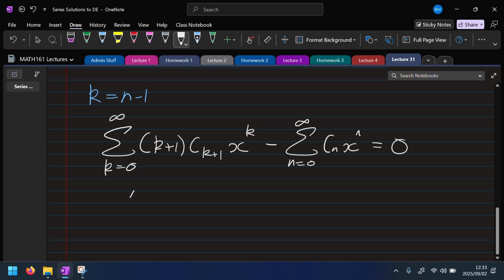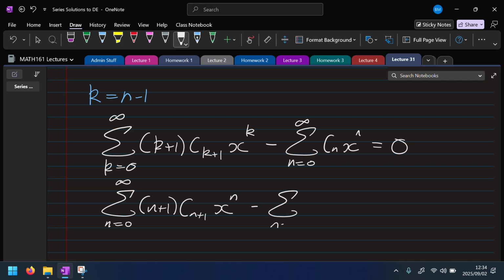So this is going to be the sum, n goes from 0 to infinity, n plus 1, cn plus 1, x to the n, minus the sum, n goes from 0 to infinity, cn x to the n. Okay, or you can leave it as k if you can follow along. Otherwise, you can rename it back to n.